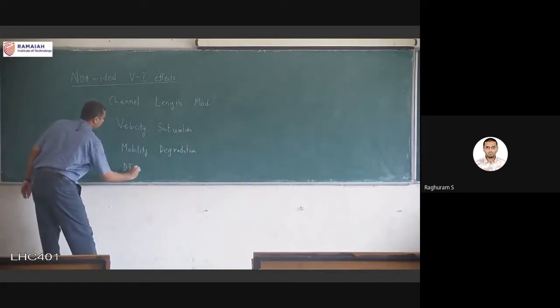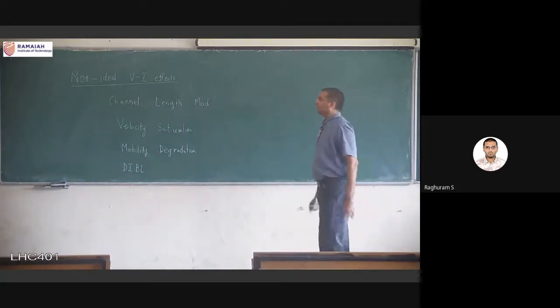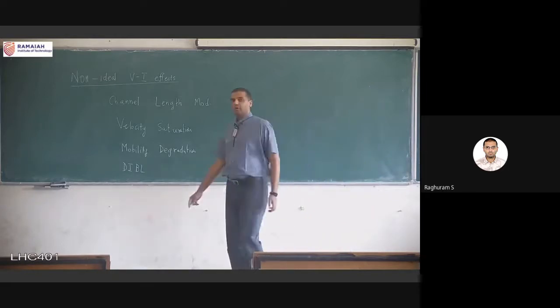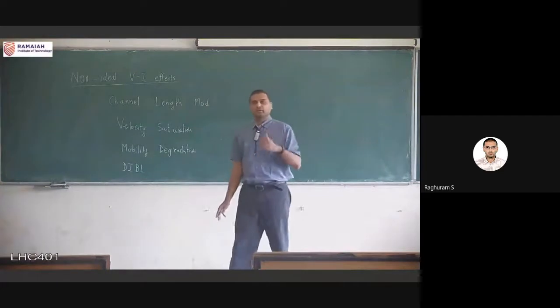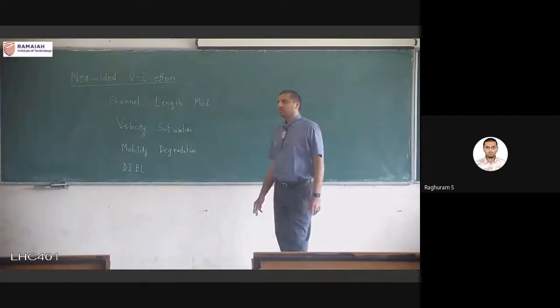And then the last one we discussed was drain induced barrier lowering. So we discussed all of these. Just a quick test for you, to see if you have understood it properly, since we have already discussed it in the class.